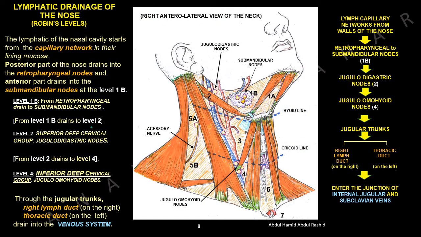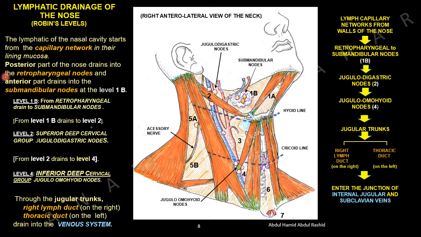Lymphatic drainage of the nose, Robbins levels. The lymphatics of the nasal cavity start from the capillary network in the lining mucosa. The posterior part of the nose drains into the retropharyngeal nodes, which are at the posterolateral part of the pharynx.